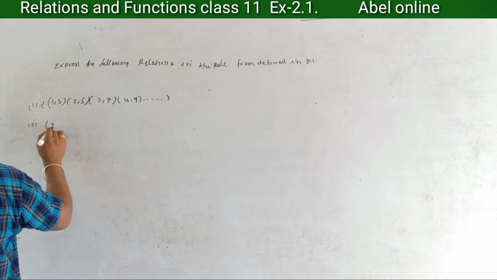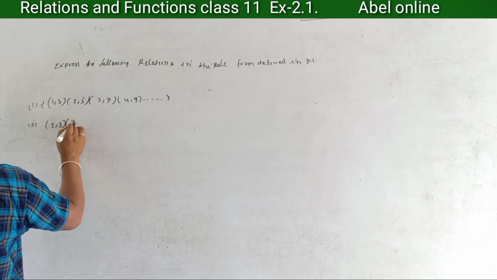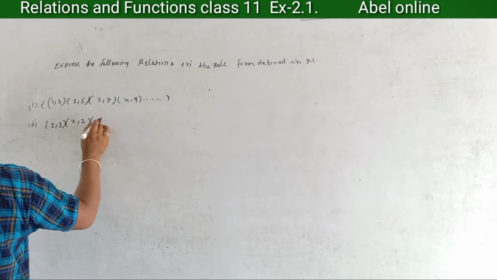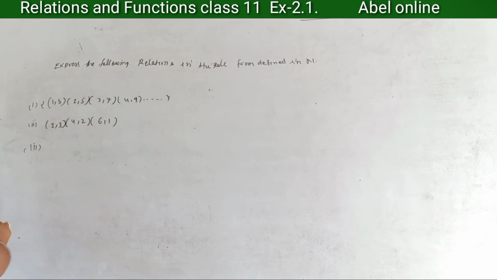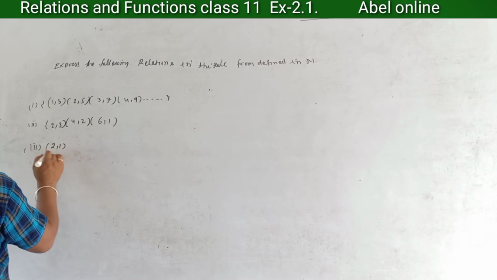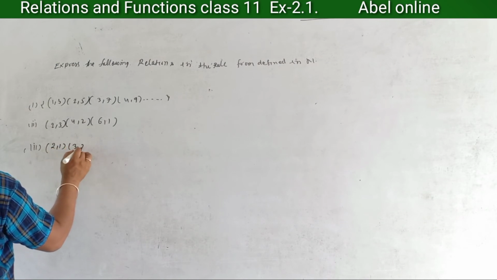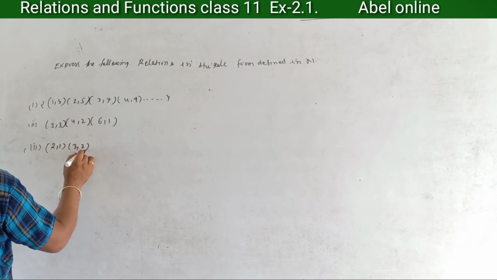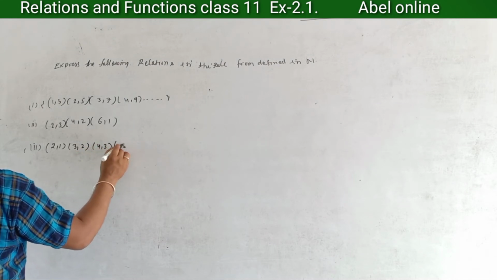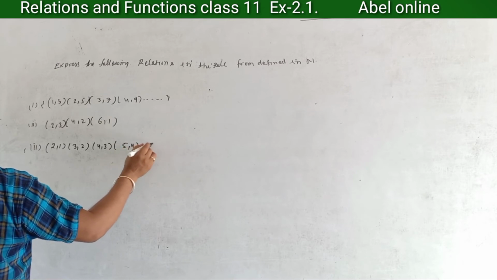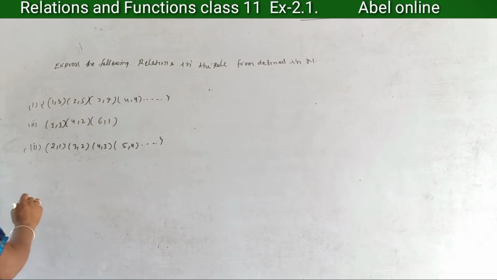The second is 2, 3, 4, 2, 6, 1, and the third one is 2, 1, 3, 2, 4, 3, 5, 4, and so on is given.